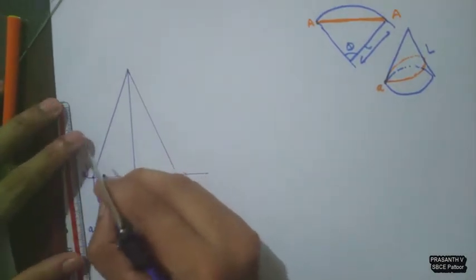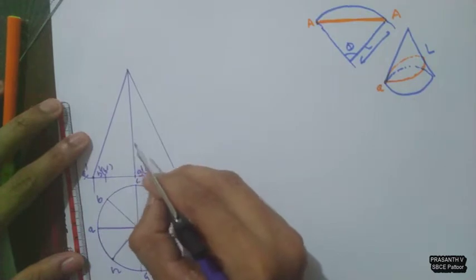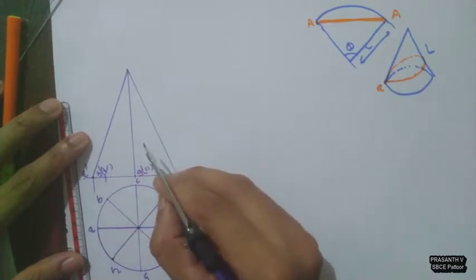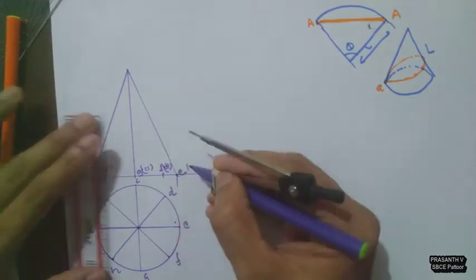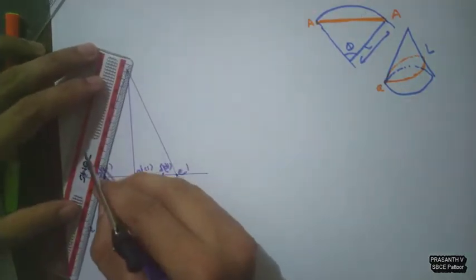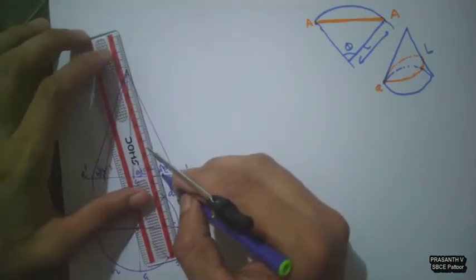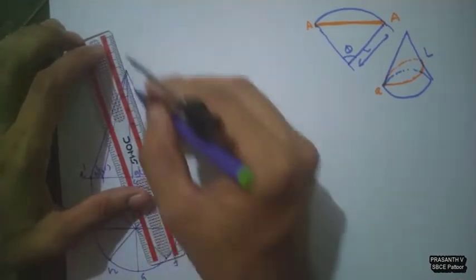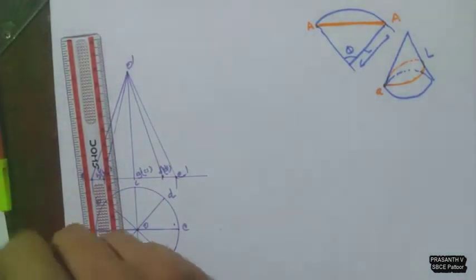Name A dash, this is H dash, B dash, G dash, C dash, this is F dash, D dash, this is E dash. And draw the generators also. Always remember the generators should be thin lines, the end generator should be a thick line. Now this point is O dash, and in the top view this is O.